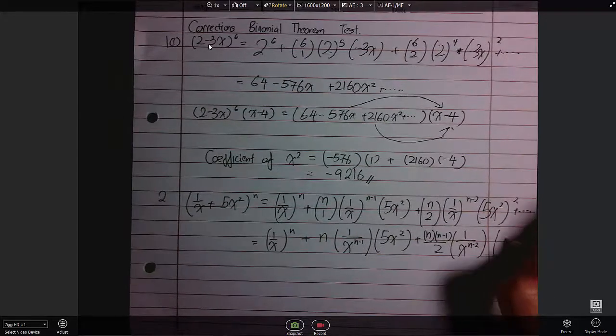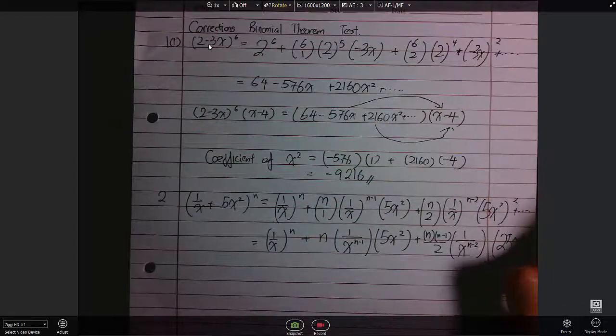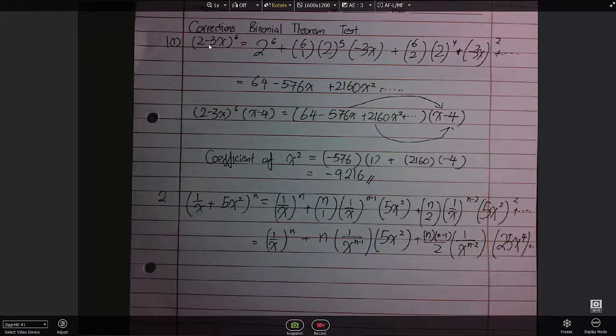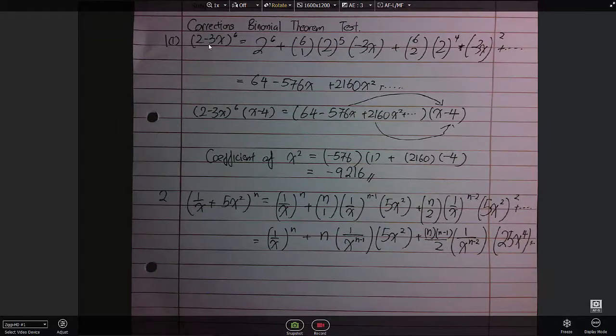Here we get 25x to the power of 4, plus dot dot. The ratio of the second term to the third term is equal to 1 over 20. But they say that they want the coefficient only.